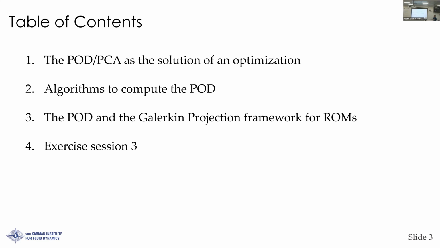Now, the idea for the POD PCA is that whether I take any of these two approaches, if I take this matrix to be NT, and this one to be NS, so complete basis, let's say, I could potentially reconstruct the whole thing.